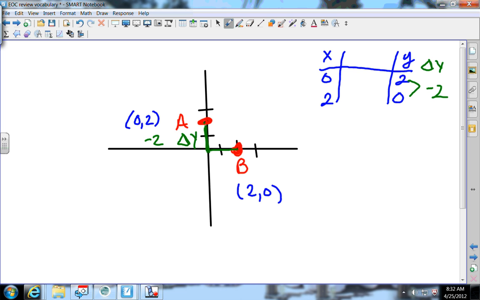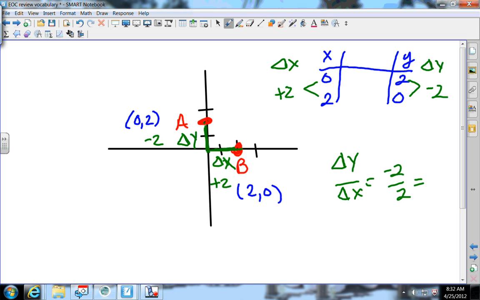Then I go across right here. There is delta x. That is plus 2. So I can look from a graph or the table. It's still going to tell me delta y over delta x: negative 2 over 2, negative 1. Okay?